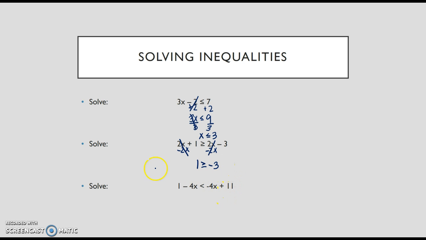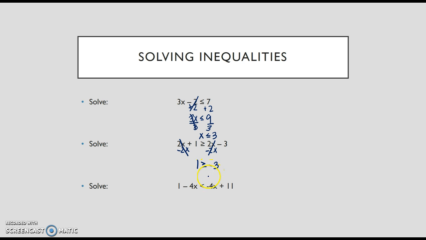Okay, so remember before, anytime that I cancel out my variables, I'm either going to have a true statement or a false statement. If it's a true statement, that means all real numbers is my answer. If it's false, it means there's no solution. Okay, so if we look at this, 1 is greater than or equal to negative 3.